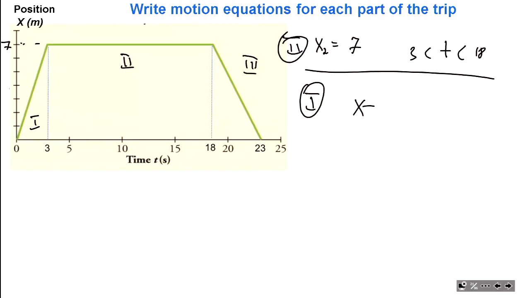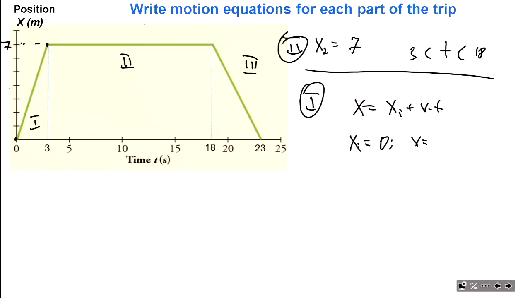We know that it's a linear motion, so initial plus velocity times time should be linear, and the equation should be linear. What do we know? We know initial is 0, and we need velocity, and we can just use this pair of points.